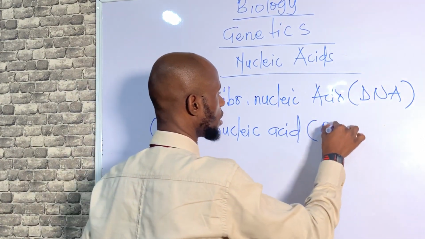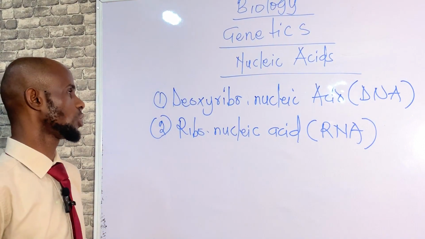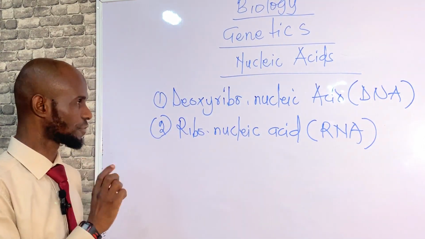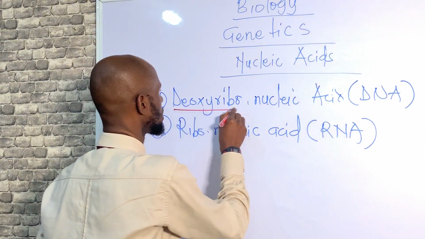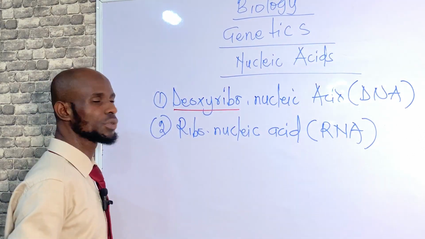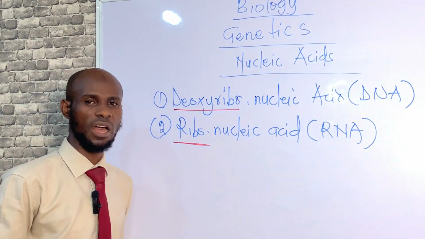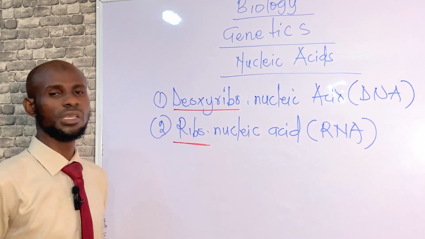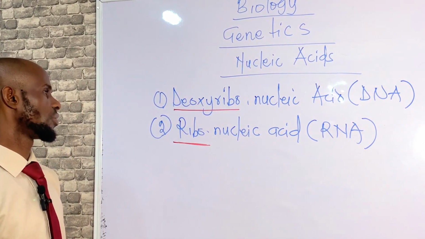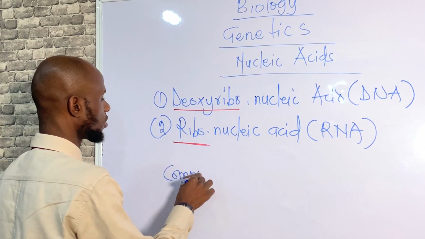That is the RNA. You can see the difference between these two. For now, the difference is that deoxyribonucleic acid has deoxyribose sugar, while ribonucleic acid has ribose sugar.